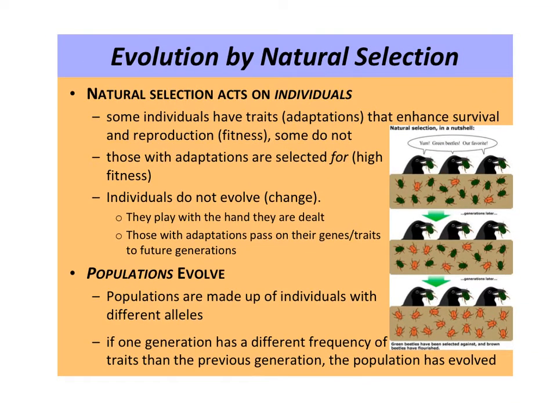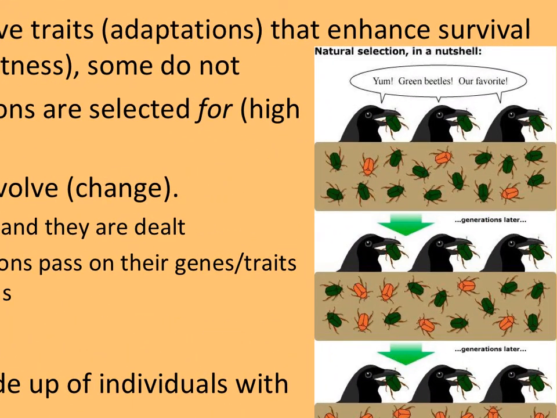So, evolution by natural selection acts on individuals. Individuals do not change. Here we have beetles. We have green beetles and we have orange beetles. A beetle cannot change its color.